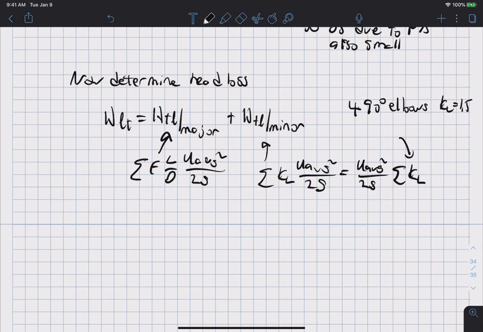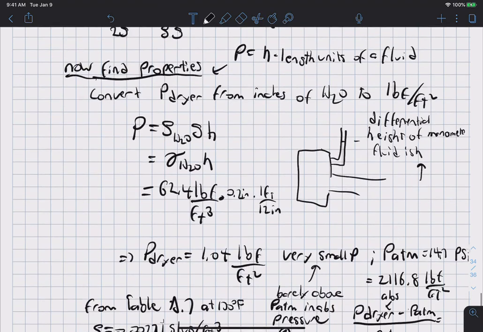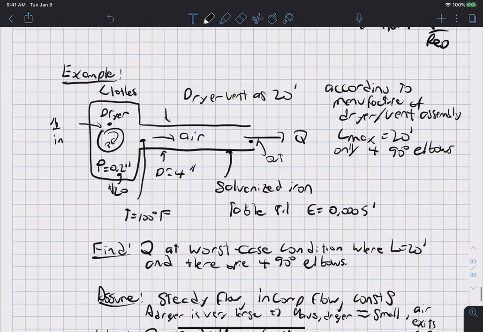That's from table 8.4. Also there is one sharp inlet, which is the dryer.